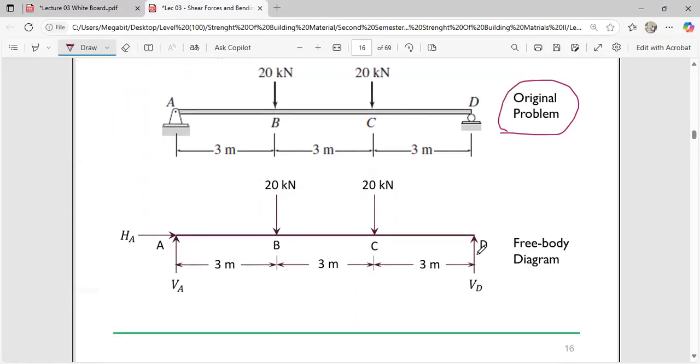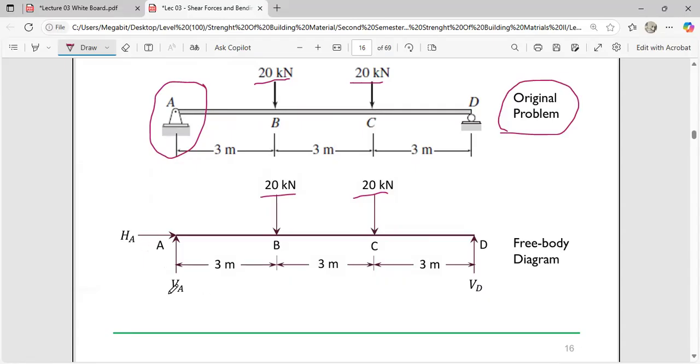In your free body diagram, you draw a horizontal line and represent your forces. You can see we have 20 kilonewton, 20 kilonewton, as it is. Then for the support, because this is a hinge support, they've represented two reactions over here. You know that for a hinge support, one reaction is moving in the x-axis and one is always moving in the y-axis.